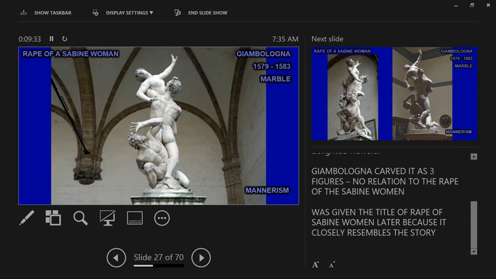And Giambologna carved it as three figures. He wasn't thinking of the rape of the Sabine women when he carved this. The story was not a part of his idea. That title was applied to this after he finished it because it looks like that story.